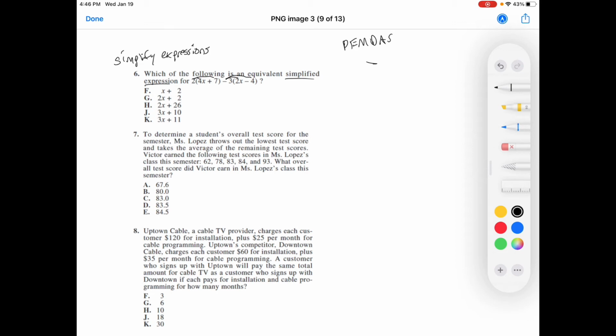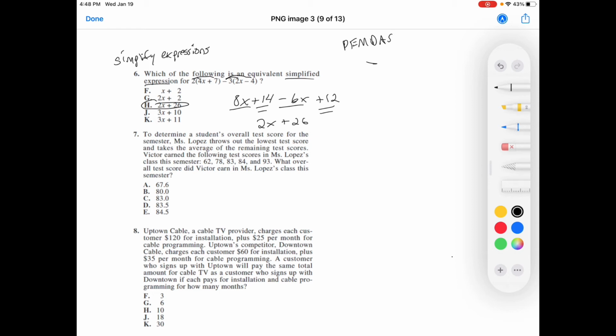So 2 times 4x gives me 8x, and 2 times 7 gives me positive 14. And negative 3 times 2x is negative 6x, and negative 3 times negative 4 gives me positive 12. Now we can combine our like terms. 8x and negative 6x gives me 2x, and 14 and 12 gives me 26.